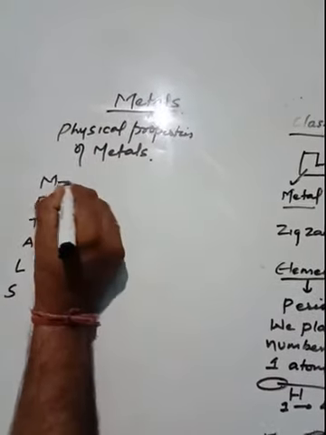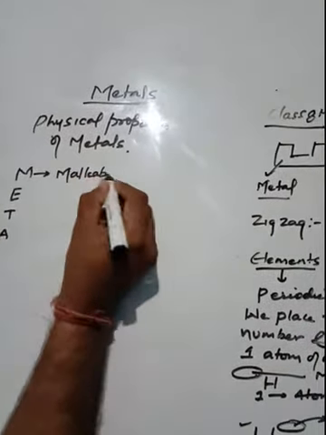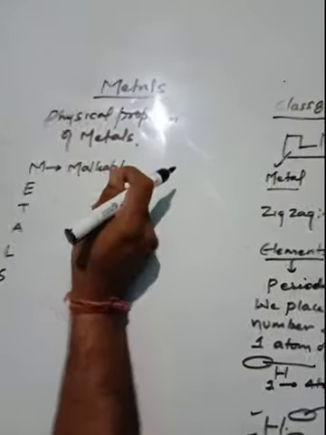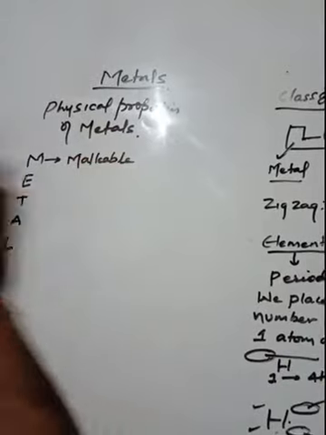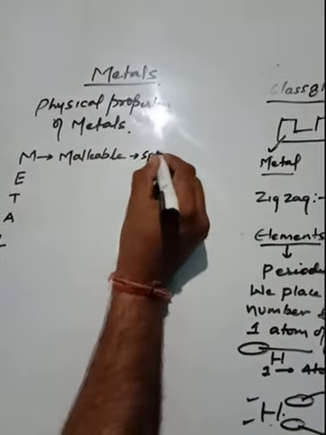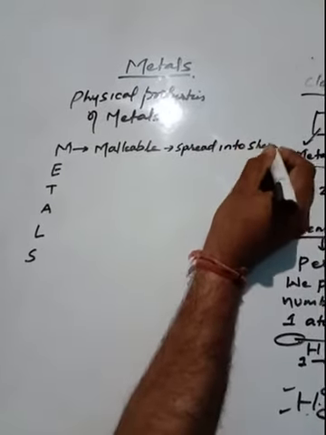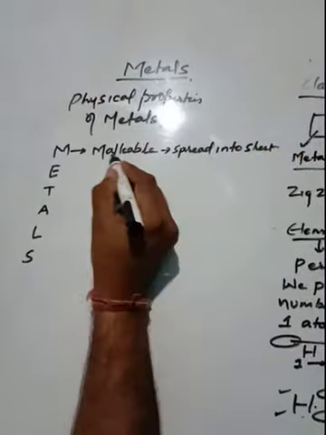M-E-T-A-L-S. M stands for malleability. Malleable means beaten to spread into sheets.